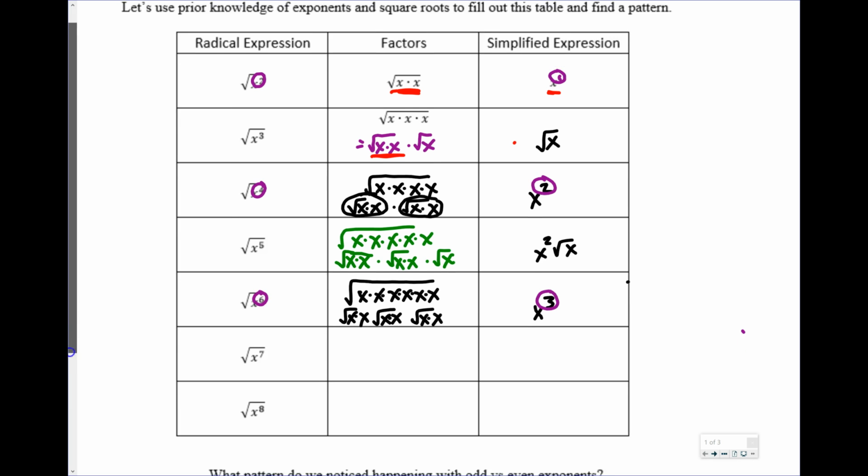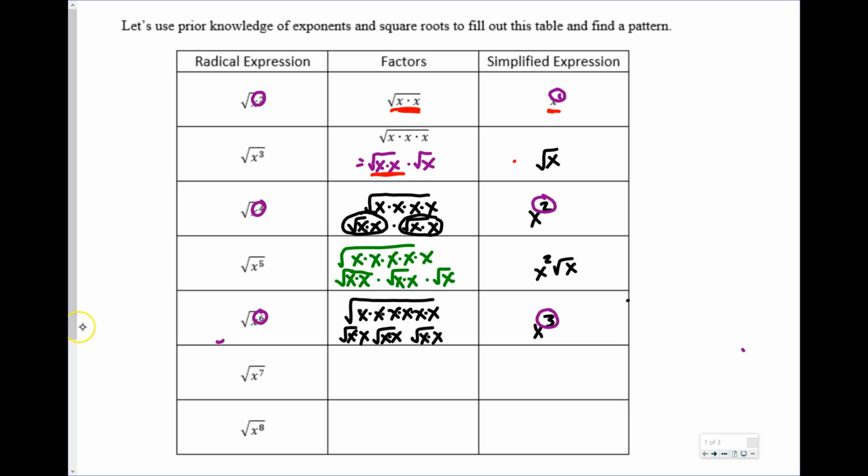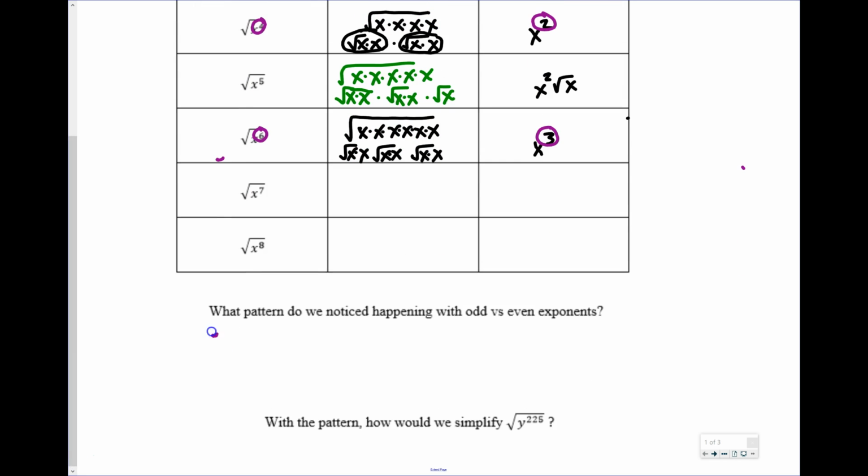Okay, so if I want to think about a pattern for my even exponents, for even exponents, we are dividing the exponent by 2, and then removing the radical.